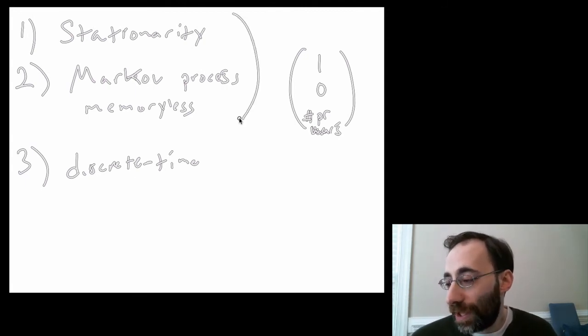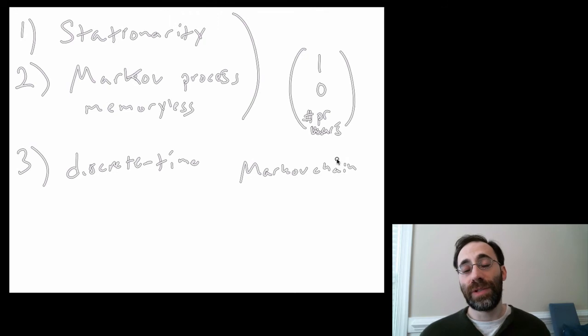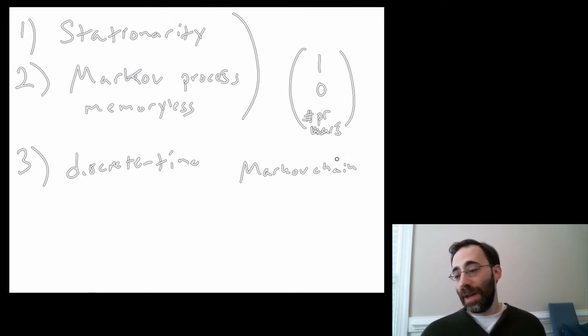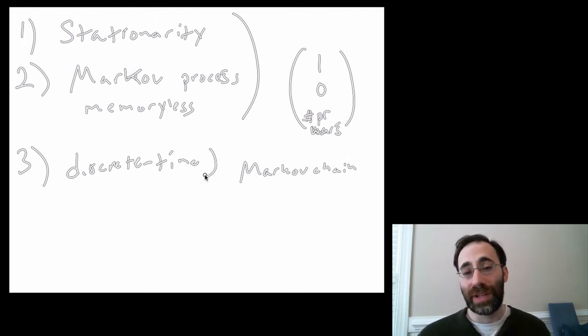We often will take the two things together and call them a Markov chain. Sometimes you will see it referred to as a discrete time Markov chain or continuous time Markov chain. Sometimes you will confusingly have this discrete time added to the same definition of Markov chain.